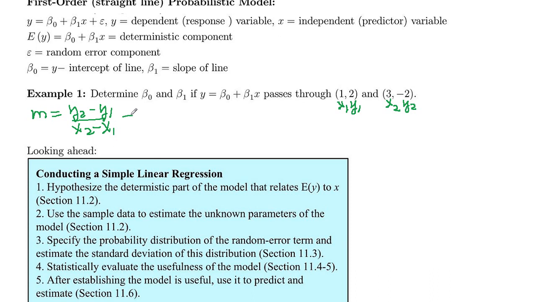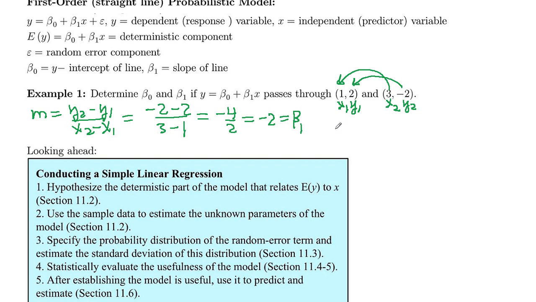So rise over run. So difference of those y's will be negative 2 minus 2. And then difference of the x's here, 3 minus 1. So that is negative 4 over 2, which is negative 2. So that is our beta 1 slope.